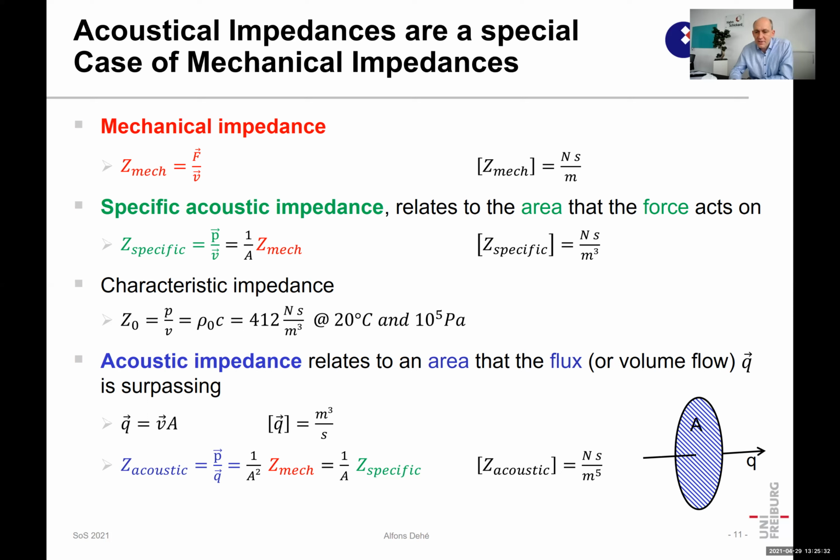So best is you always use the dimension as well in your calculation. That is a check mark, but this is quite usual.